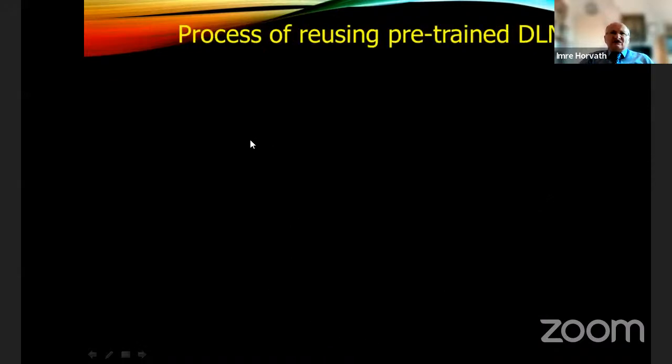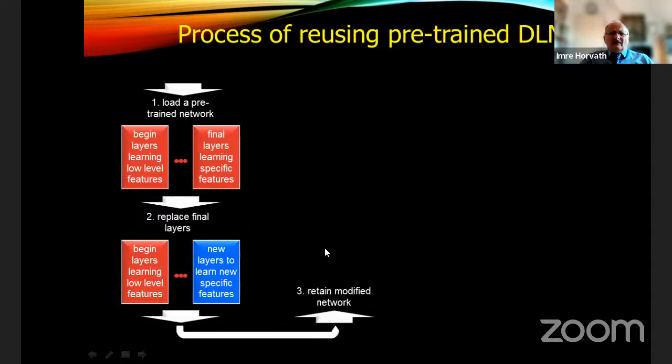The process of reusing pre-trained deep learning networks is composed of the following stages. First, load the pre-trained network. Second, replace the final layers. Then retrain the modified network.